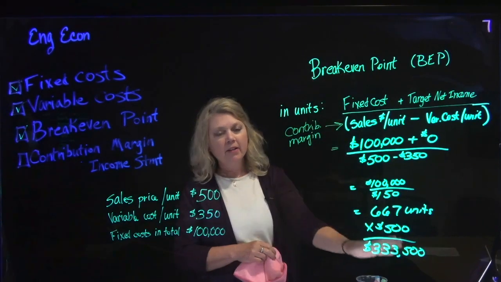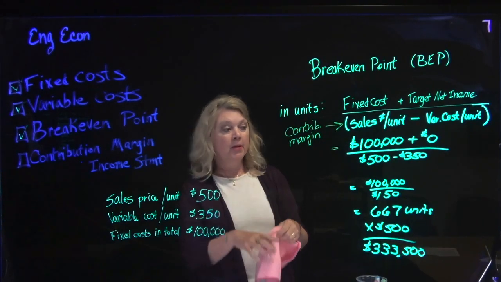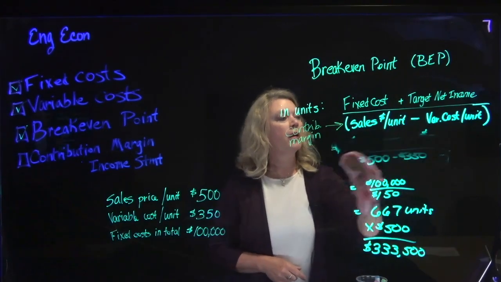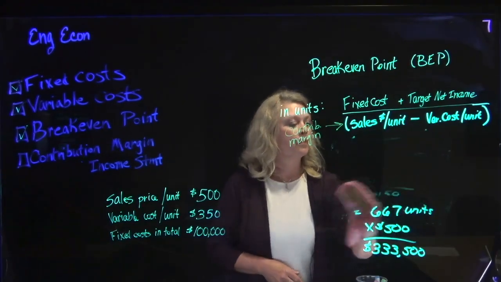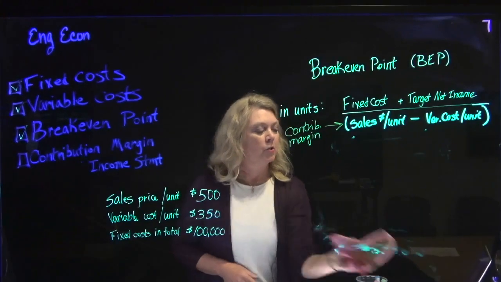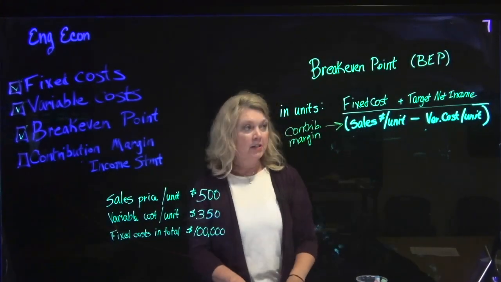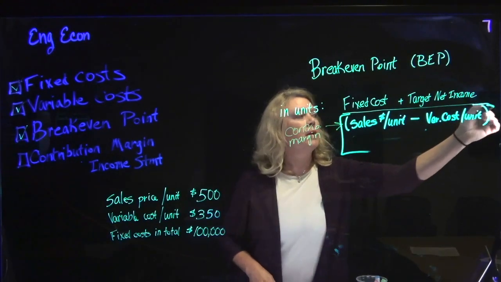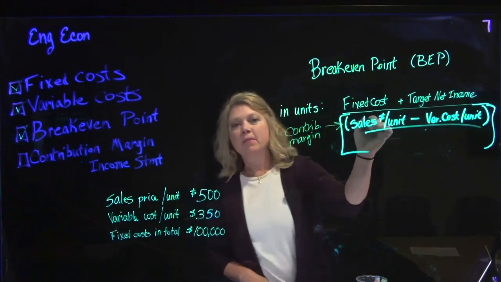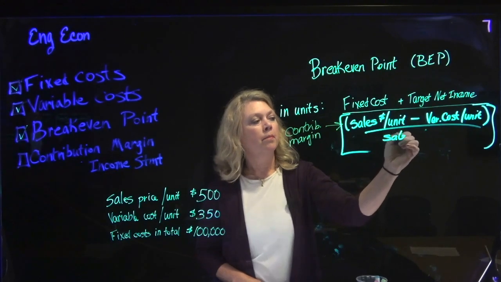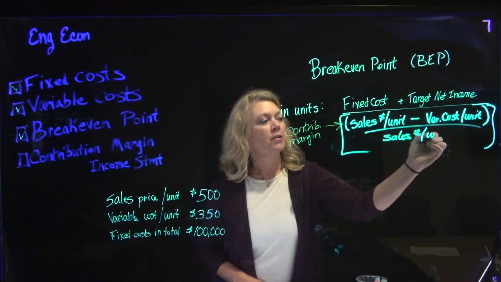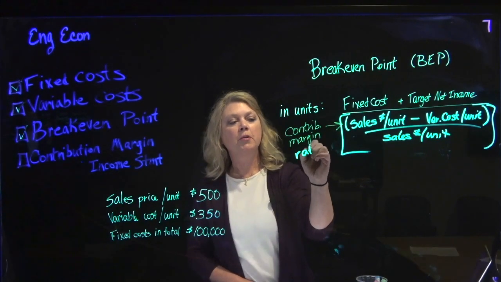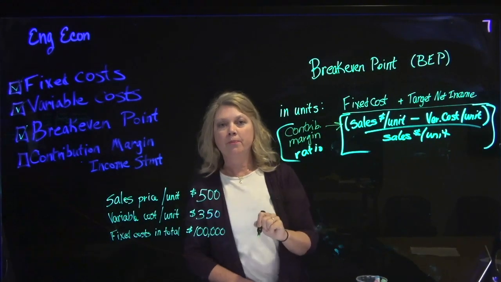But let's say we haven't done this example yet and haven't come up with units. Let me show you a way to get to that number directly. That would be to adjust the denominator a little bit. You take this denominator and divide it again by the same number, sales dollars per unit, so $500 in this case. Then this denominator becomes something called the contribution margin ratio, okay?